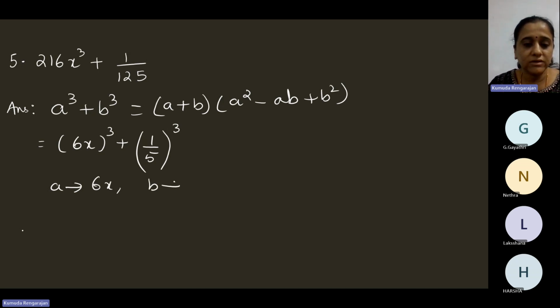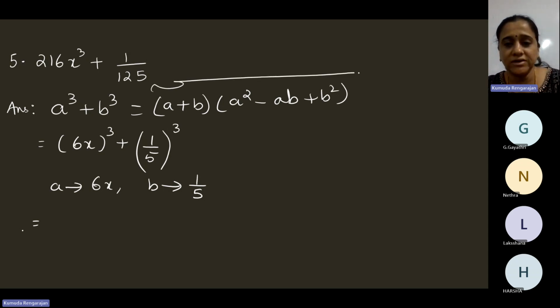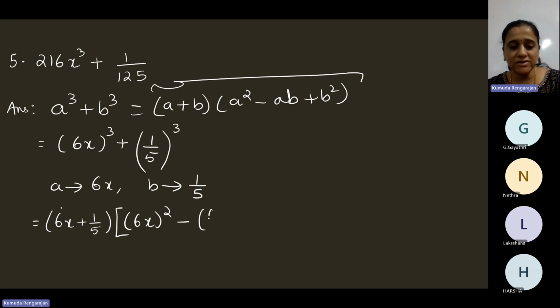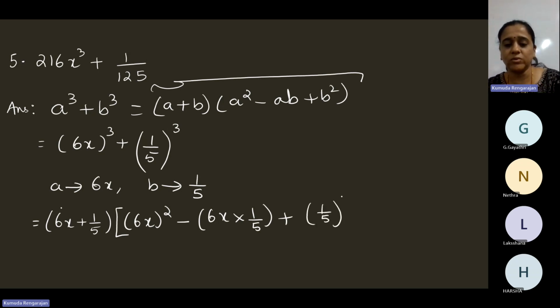And what's B? 1 by 5. Okay. So what is A cube plus B cube? Now use the RHS of the identity to write the answer. A plus B, 6x plus 1 by 5 into A squared, 6x the whole squared, minus AB, minus 6x into 1 by 5, plus B squared, plus 1 by 5 the whole squared.